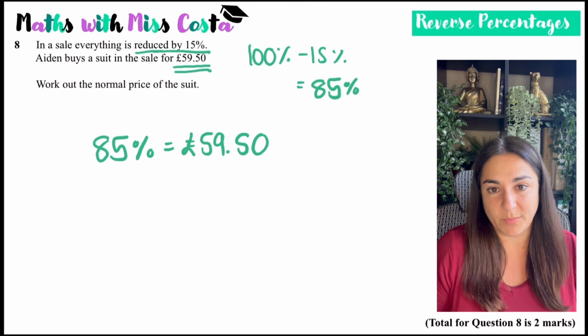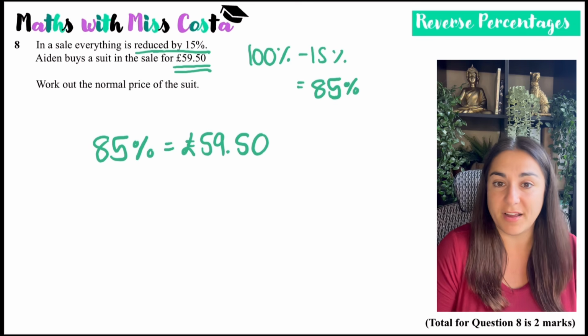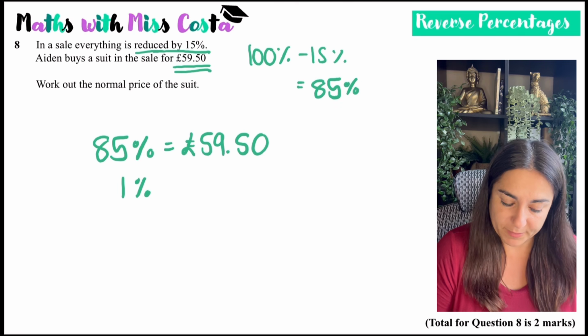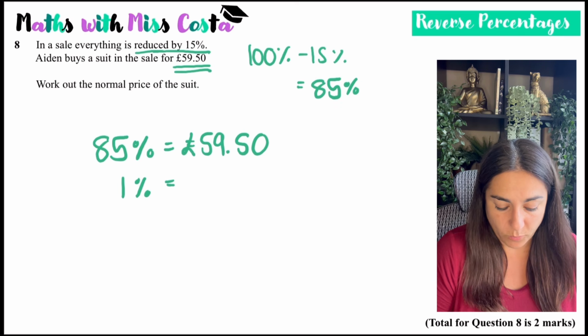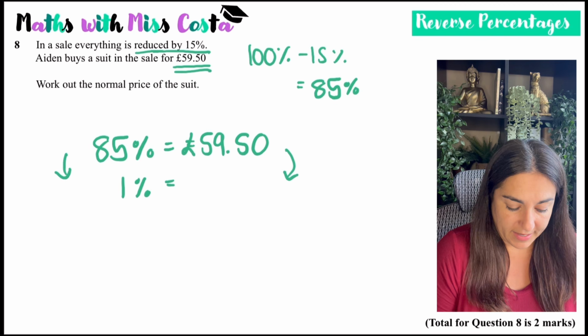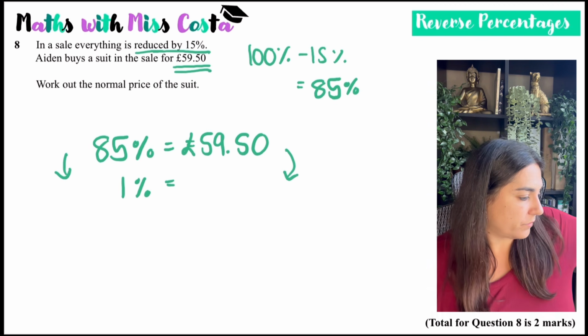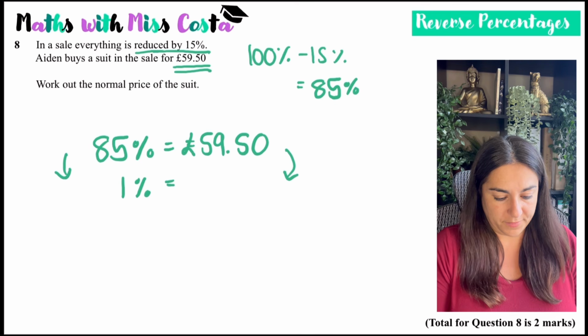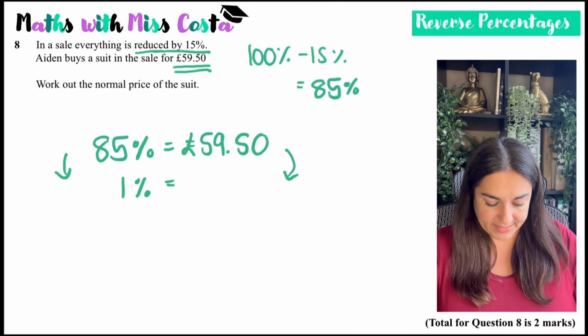Now there are a few ways that we can do reverse percentages. The surefire fail-safe way is to work backwards. So I know that 85% is £59.50. Therefore 1% is going to be this divided by 85, which is £59.50 divided by 85, 0.7.